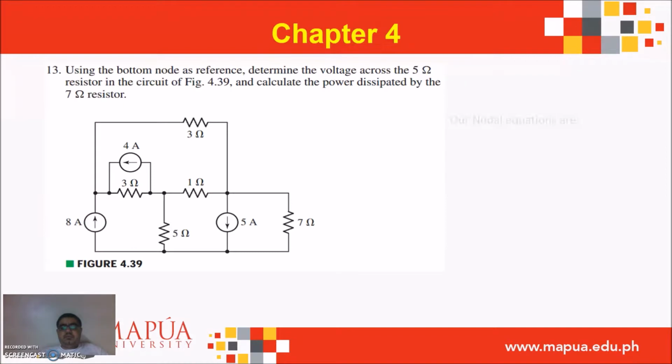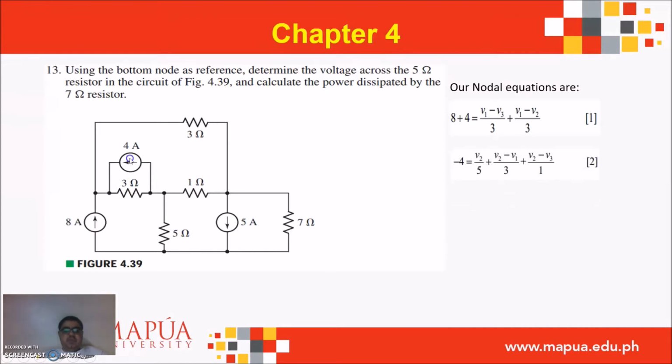Our nodal equations are, the first equation would be 8 plus 4 is equal to V1 minus V3 over 3 ohms, plus V1 minus V2 over 3 ohms.